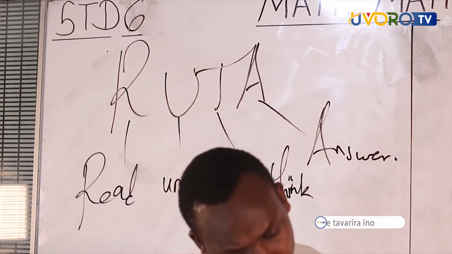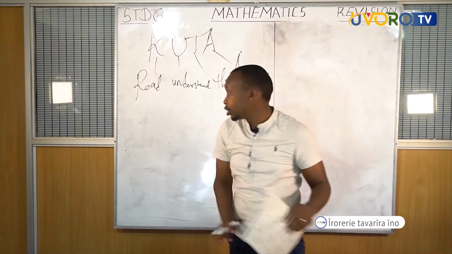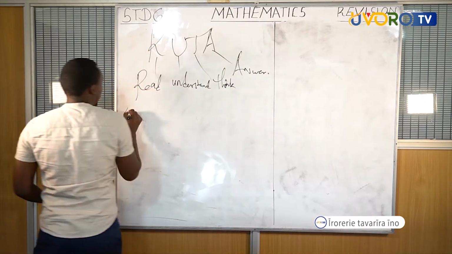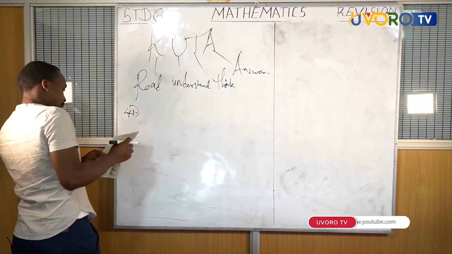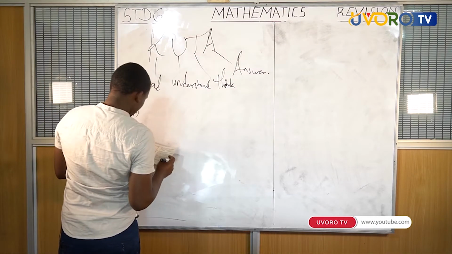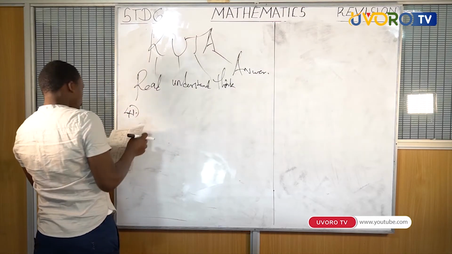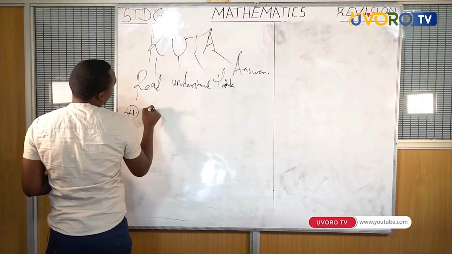Now, class 6, question number 41. That is where we are. What fraction is the figure below in its simplest form?